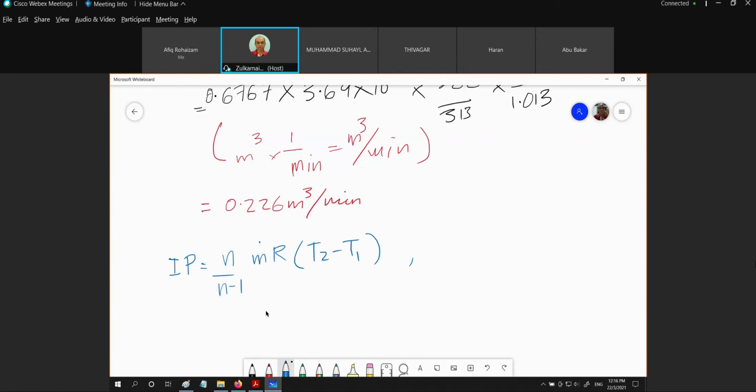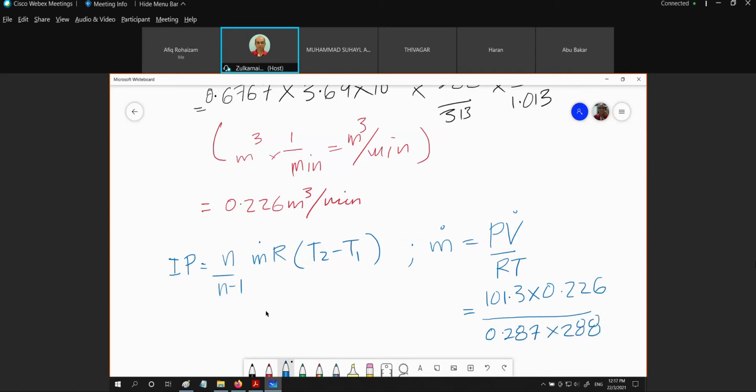So kita calculate balik, M dot is equal to P V dot over RT, which is equal to P now ialah 101.3, kali the new V dot 0.226, divided by R, R kita adalah 0.287, kalikan dengan 288.